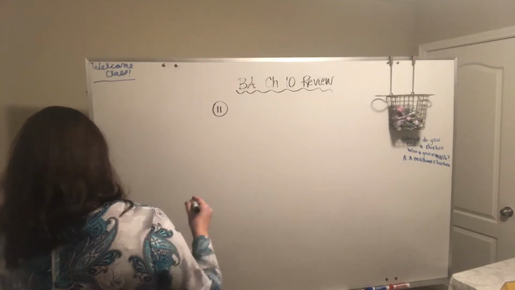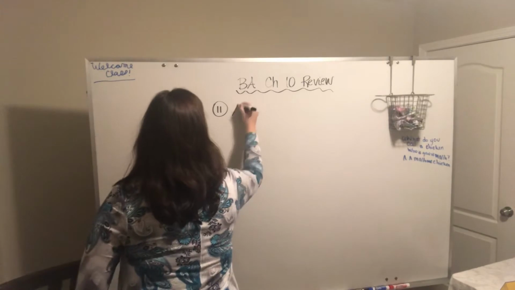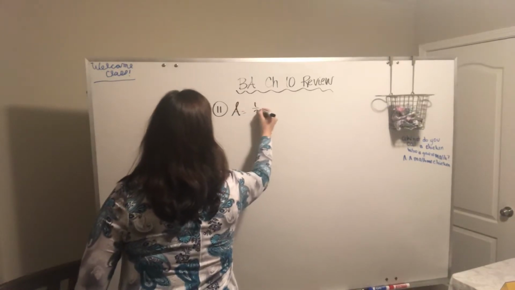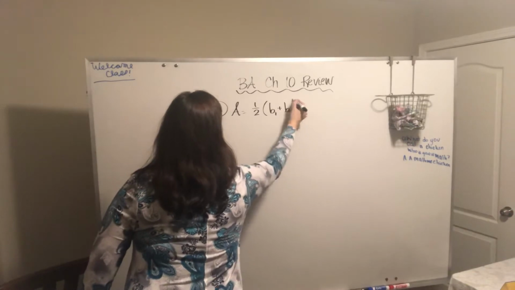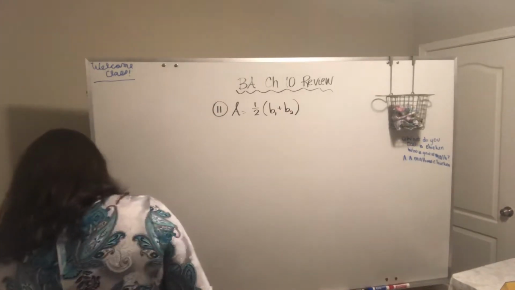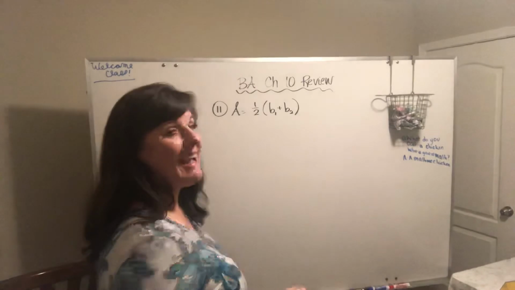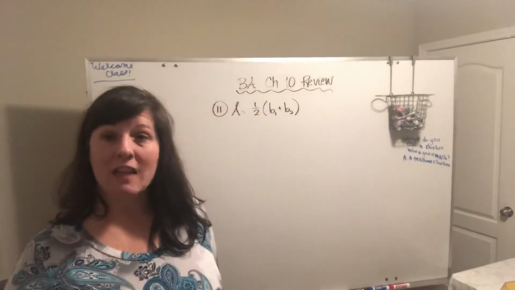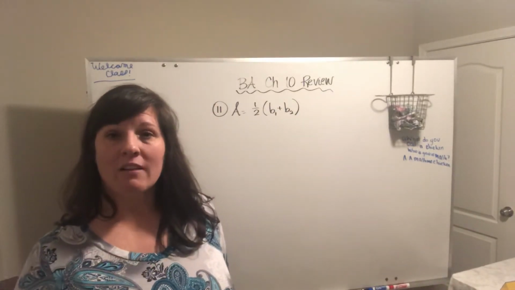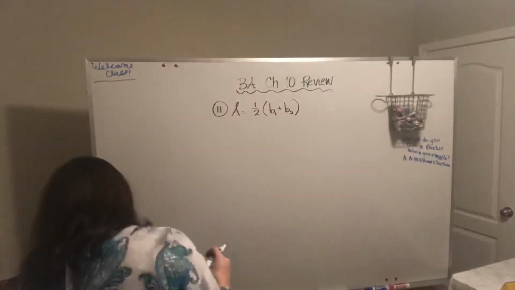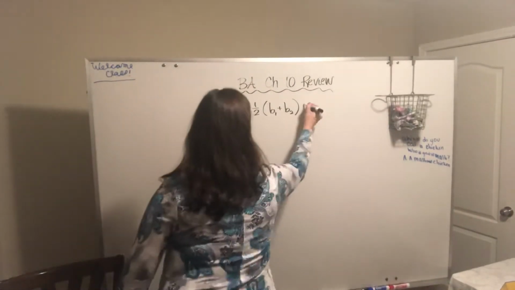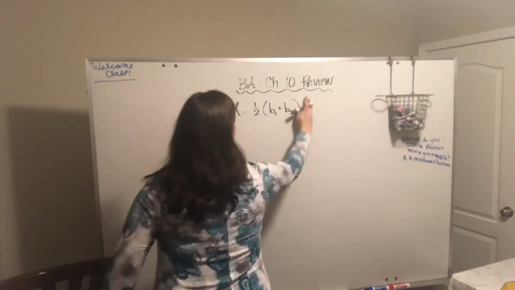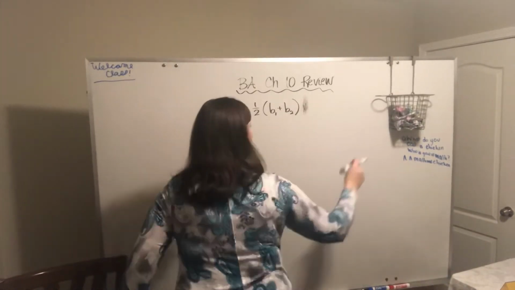So for the formula for 11, area equals 1/2 base 1 plus base 2 times the height. And it tells you there, remember height is indicated by that perpendicular line, that right angle. All right, the height there is 2 inches.